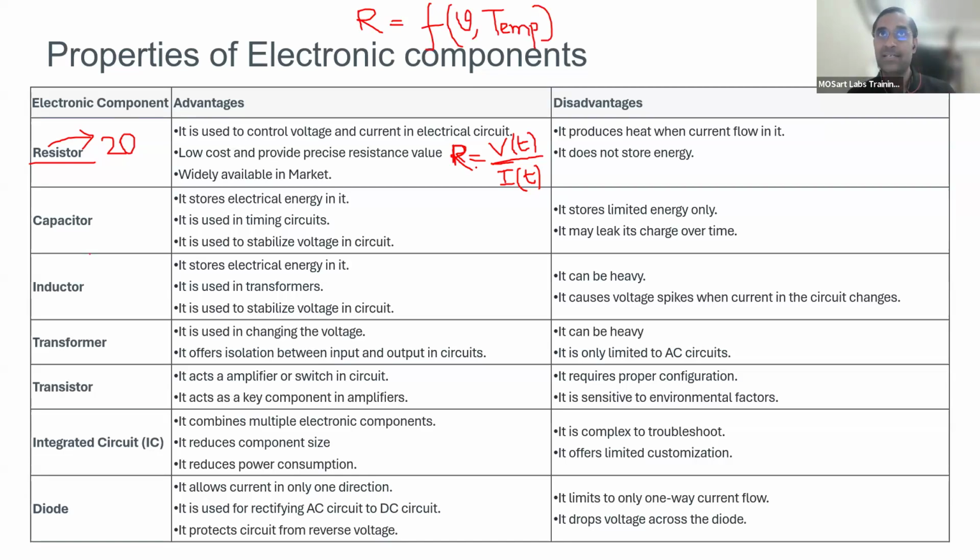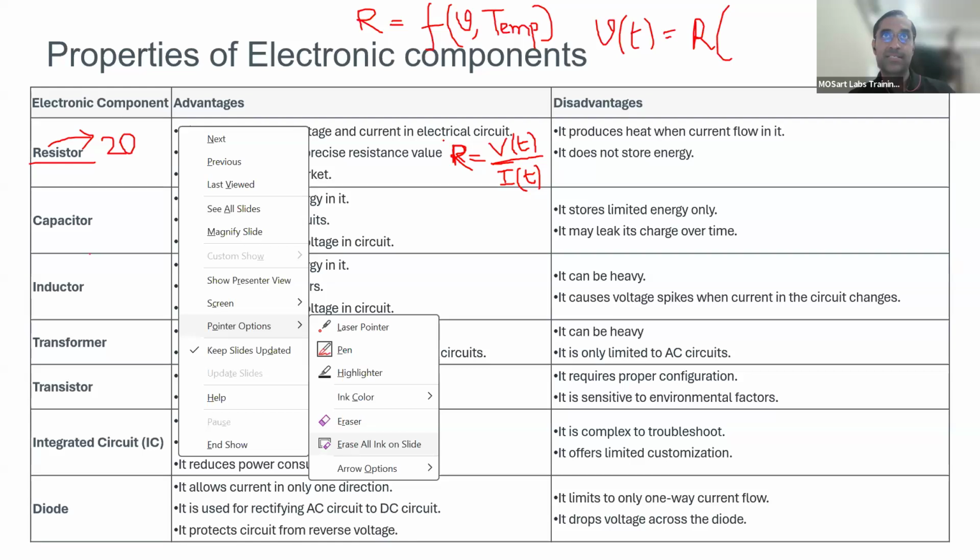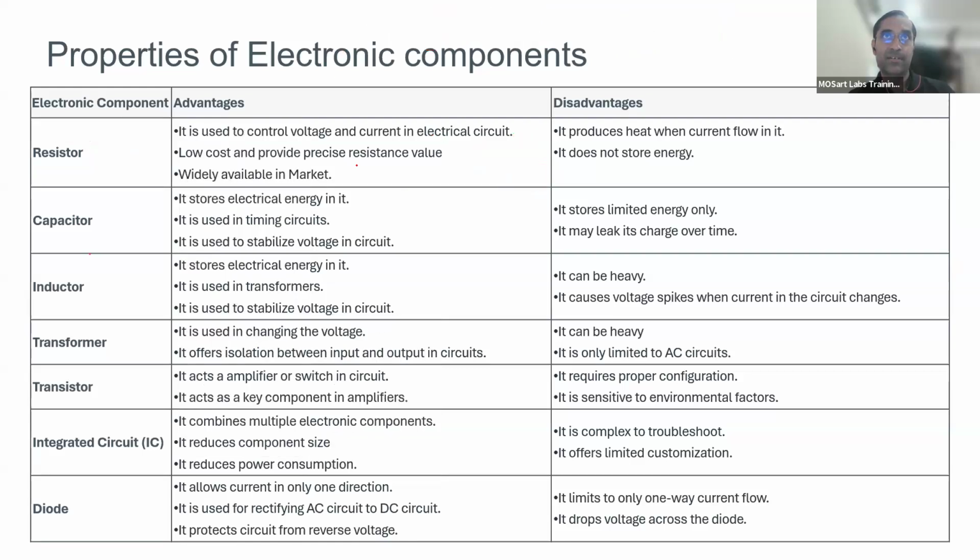You can see that this equation is supposed to be a linear equation. So if you think of it, V of t is R into I of t, correct? Let's first erase the slide. I'm going to write on the top. So V of t, whatever is the voltage, is R into I of t.